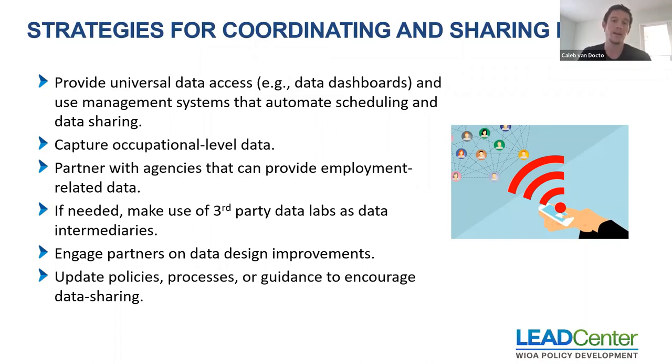So for example, providing universal data access, for instance, through things like public-facing data dashboards, or using data management systems that automate services for job seekers, such as automated scheduling or data sharing as they progress through their programs. States are capturing occupational level data. We're going to hear more specifically about that in a few moments.